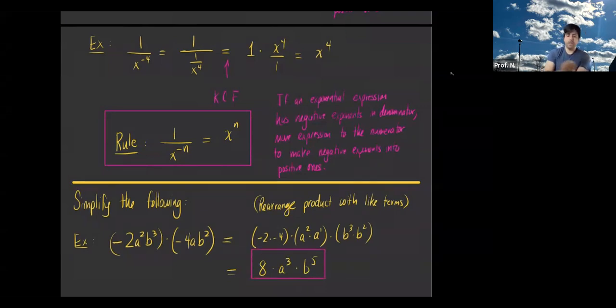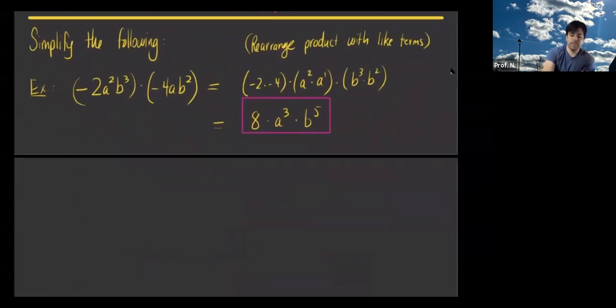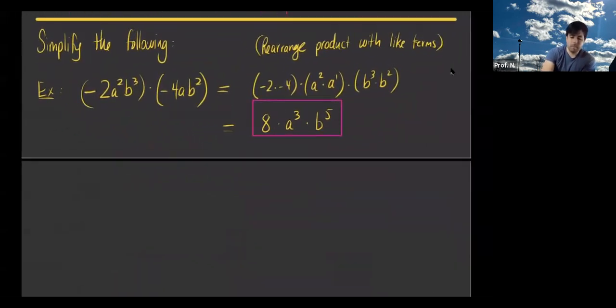So is this clear? Any questions on this particular example? Straightforward, I presume. Okay. So now what happens when I do 3ab squared, all cubed?